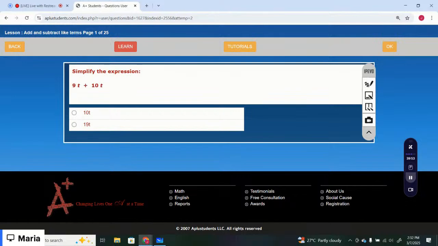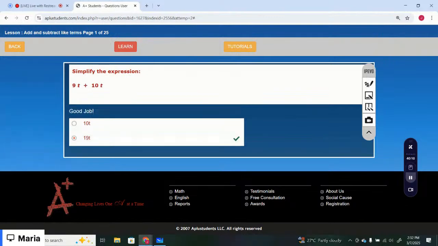9t plus 10t, which is the correct option? That is 19t.